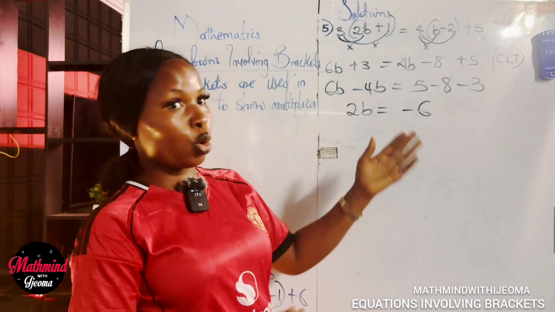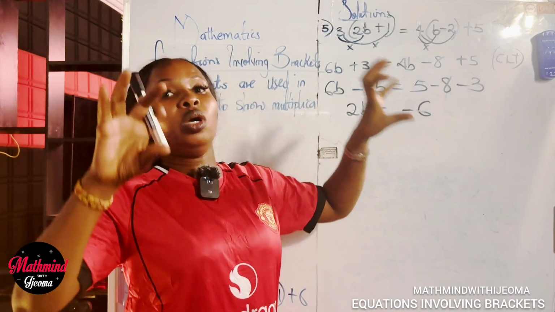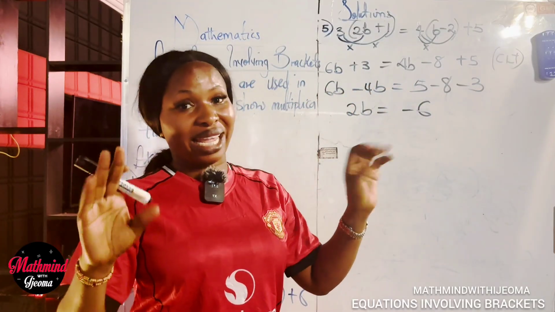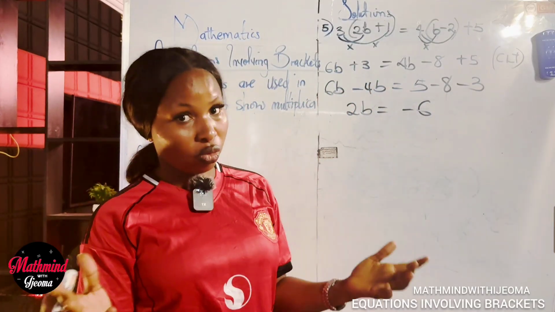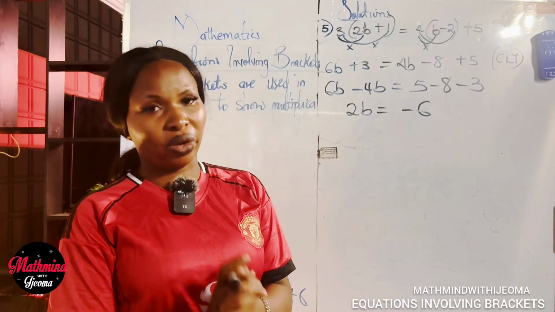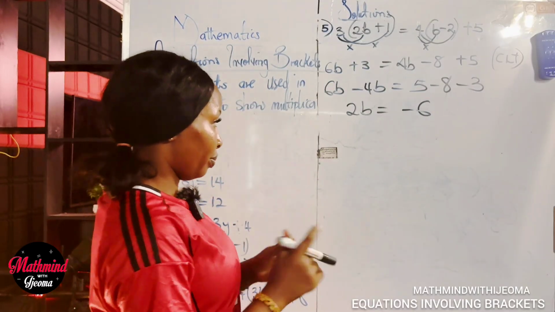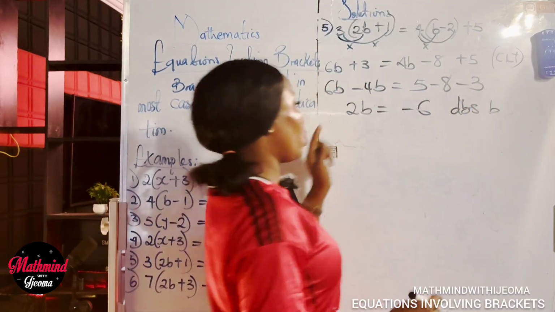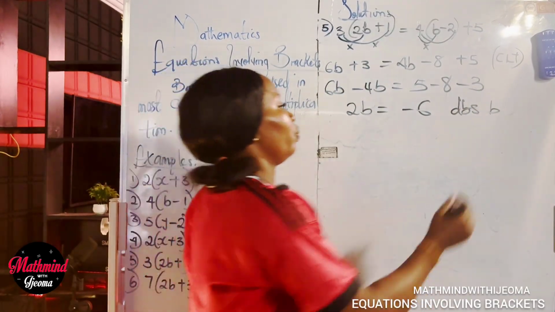What do we do at this point? We have 2 whole numbers with an equality sign in between them. So the rule: divide by the coefficient of the alphabet. Divide by, what's the coefficient of B? 2.